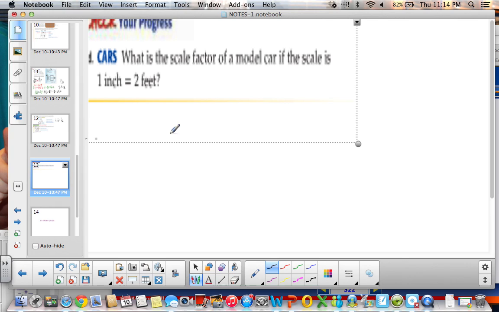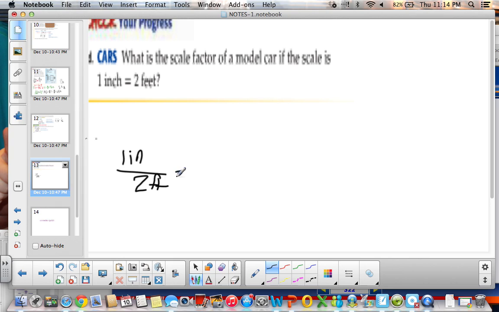What is the scale factor of a model car if the scale is 1 inch equals 2 feet? So I would write it as 1 inch over 2 feet equals 1 inch over 24 inches.